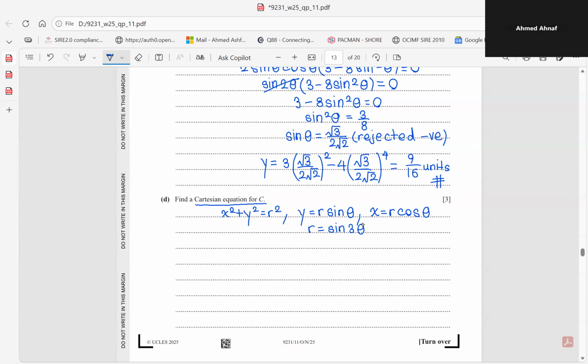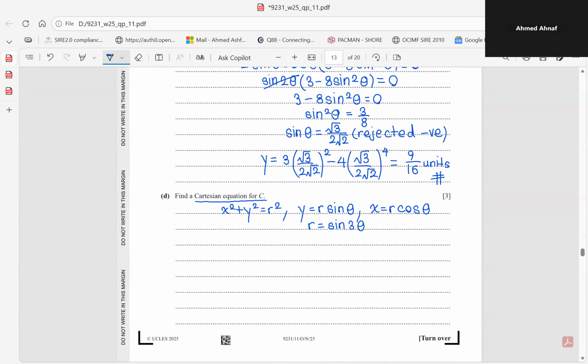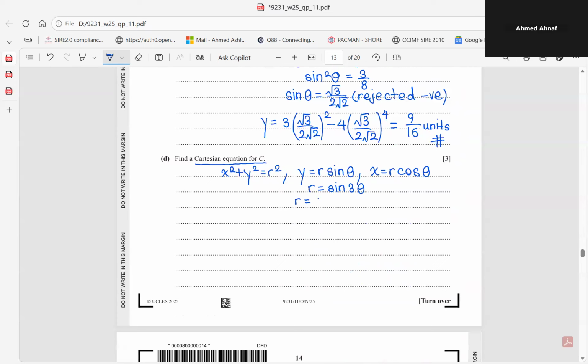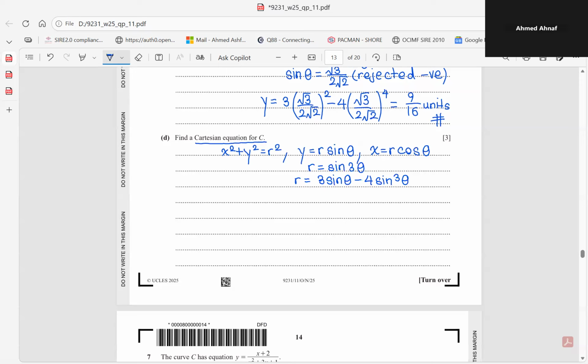And to make the conversion easier, we're going to use the identity that they gave us. So r equals to 3 sine theta minus 4 sine theta cubed. Okay, so I'm just going to express everything in terms of r first. So sine theta can just rewrite as y over r, and minus 4 sine cubed theta can rewrite as y cubed over r cubed.